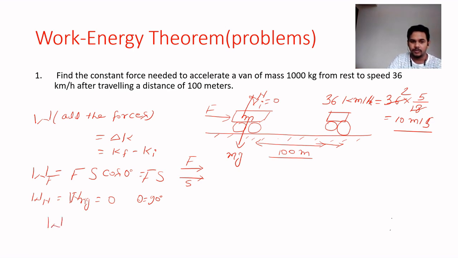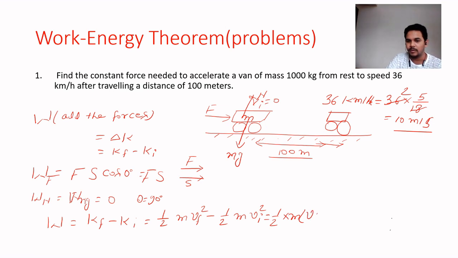W equals final kinetic energy Kf minus K initial. Final kinetic energy is half m v final square minus half m v initial square. Now to substitute, 1 by 2 into mass we can take common, and then v final square minus v initial square.